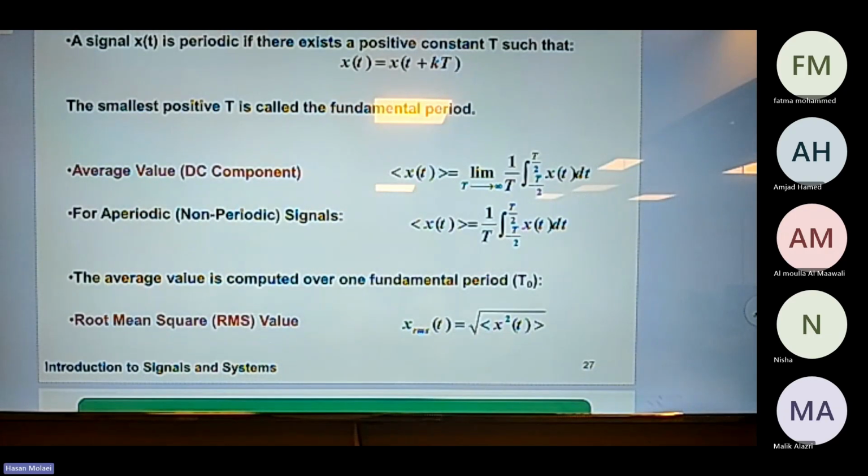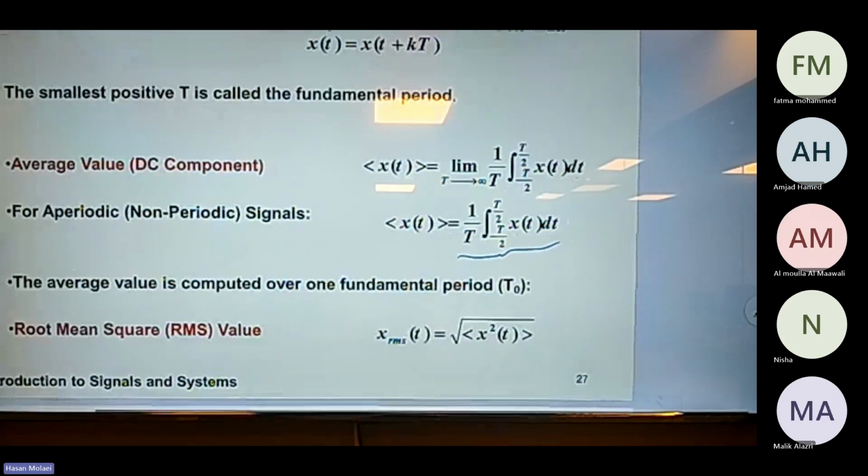The average of the signal: we should take an integral over one period if it's periodic, not over the whole t axis.